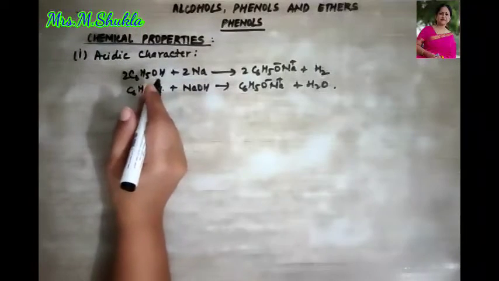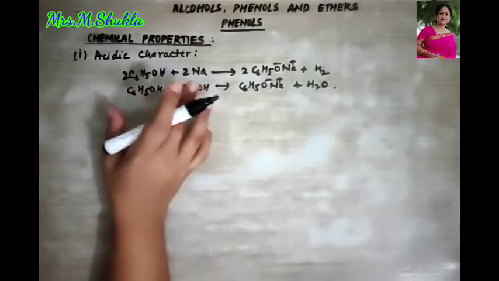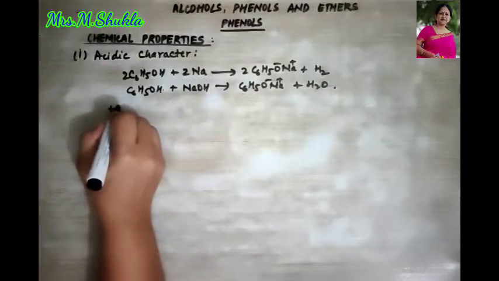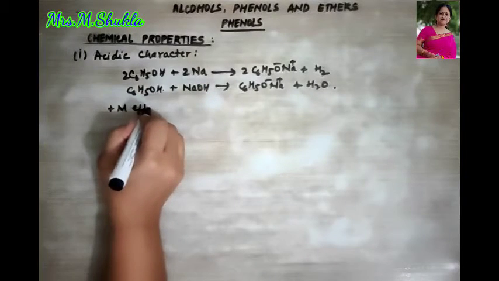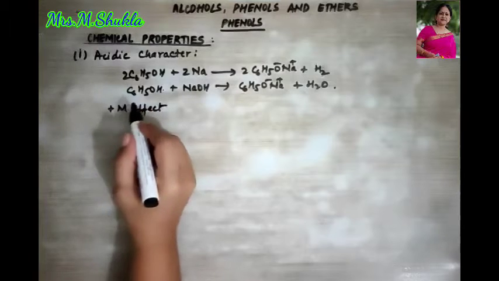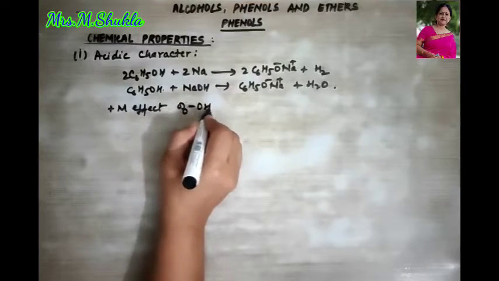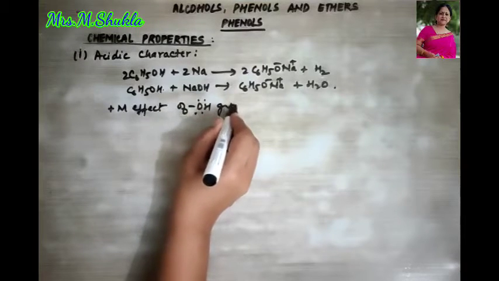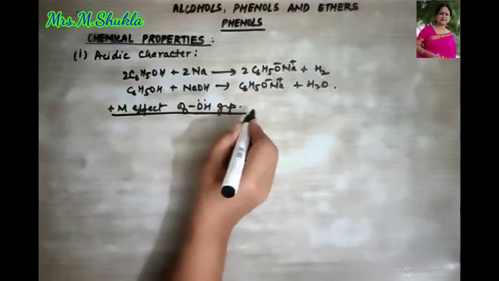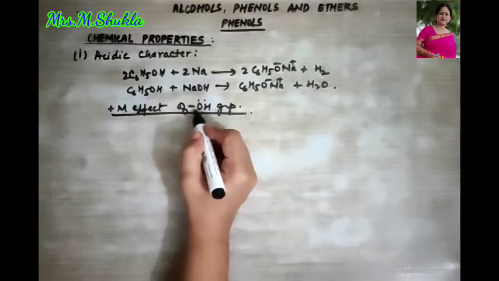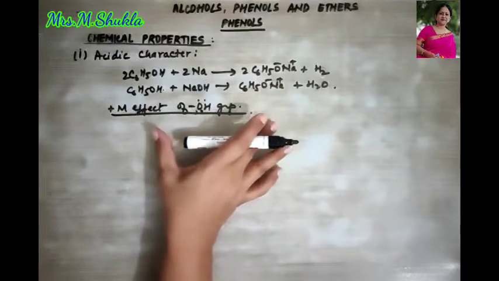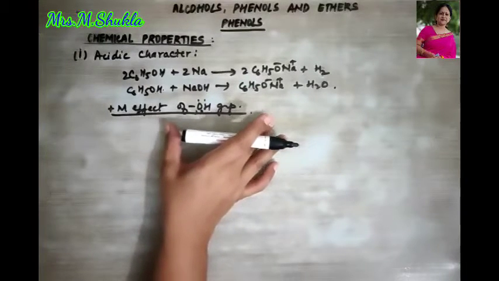So this acidic nature of phenols is actually attributed to the plus M effect, or plus mesomeric effect, of the OH group. Now what this plus M effect of the OH group is, I am going to explain over here. Try to understand.